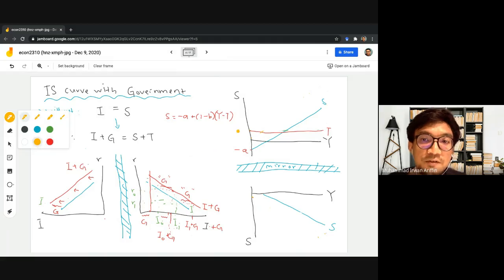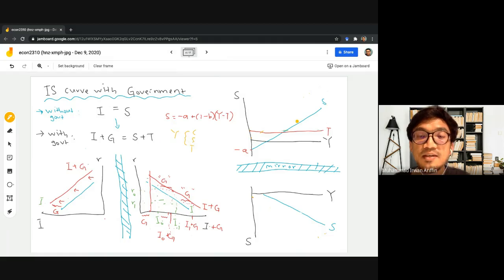With this introduction of tax, instead of just saving, there is an additional component of leakage, where households now need to use their income for either C, S, and T. So the saving schedule is going to be lower, because households have to redistribute some of their income into tax payment. We have a new S plus T curve, which is to the left of the original saving.